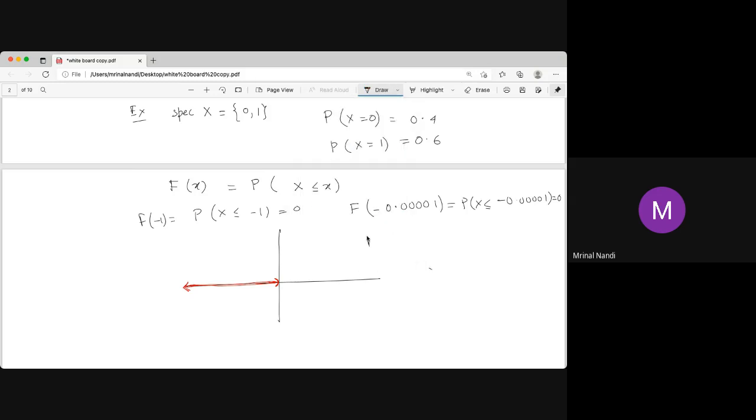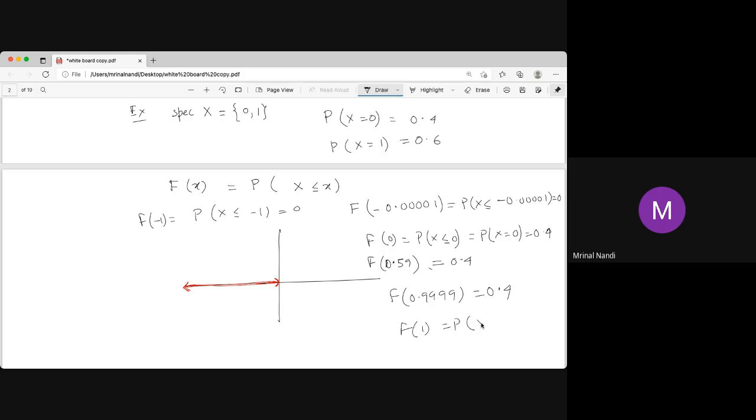What about F(0)? F(0) is the probability of X less than or equal to 0, which is just the probability of X equal to 0, only one value. It is 0.4. What is F of 0.5996, something like that? Again it is 0.4. What is F of 0.99999? Again 0.4. But what is F of 1?